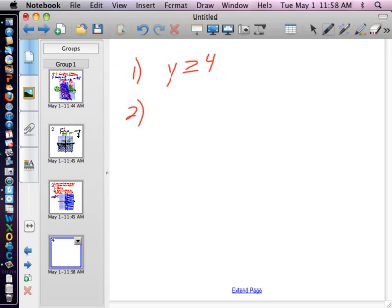And the second problem you'll do is going to be y is less than x plus 5, and that is number 9. So do those two problems. You're going to need graph paper for this homework.